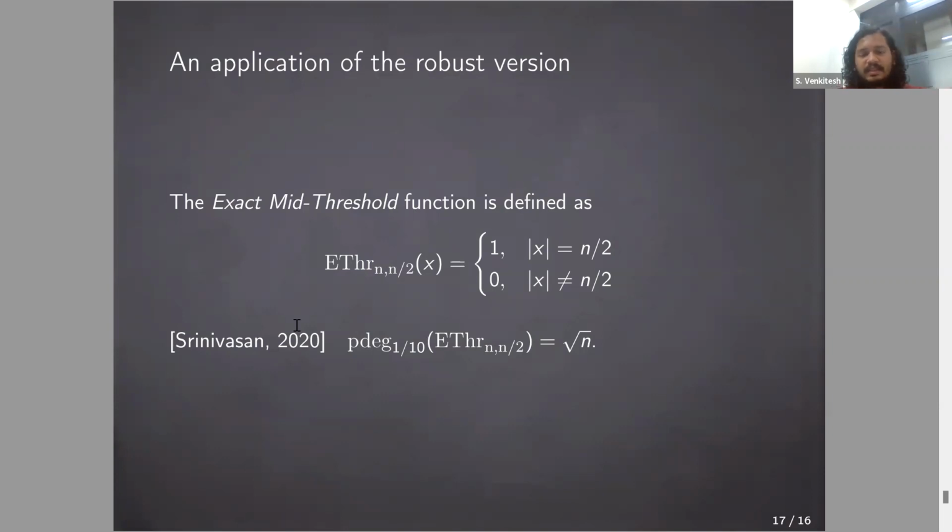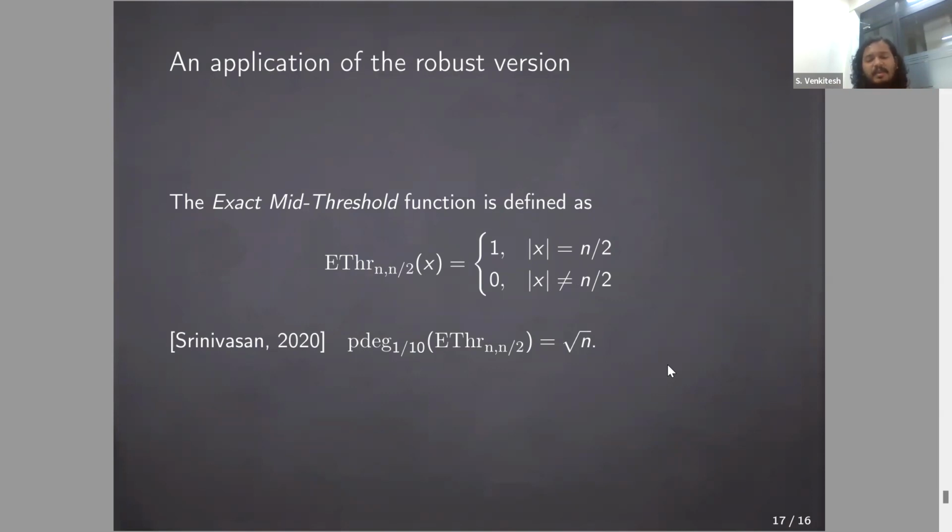Using this robust version of Hegedus and following a similar outline as Smolensky's proof, you just have to choose the probability distribution a bit more carefully and then follow the same proof outline as Smolensky. You can show that for constant error 1 by 10, this does not work as well for variable error epsilon, but for constant error 1 by 10, the p-degree is in fact theta square root n.